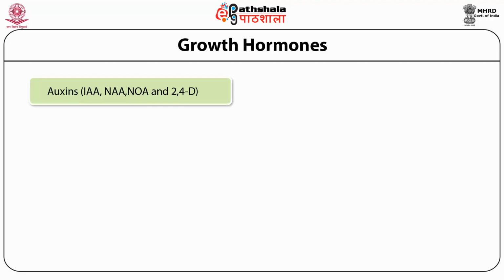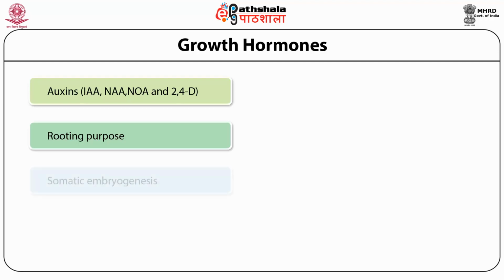For example, we use IAA, NAA, and IBA largely for rooting purposes, but in many species, IBA is used for inducing callus. 2,4-D is the most potent agent for inducing callusing, and thus is used largely for somatic embryogenic purposes.